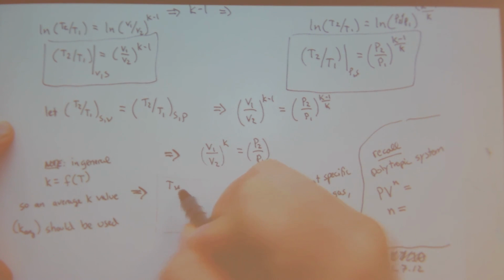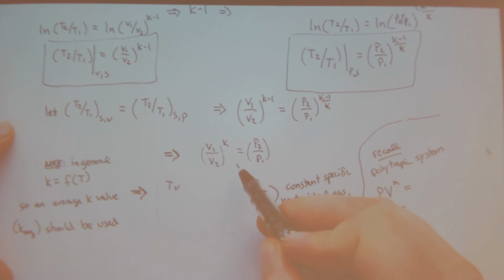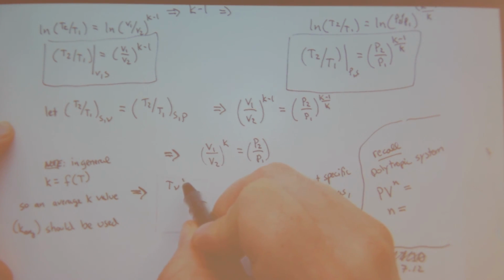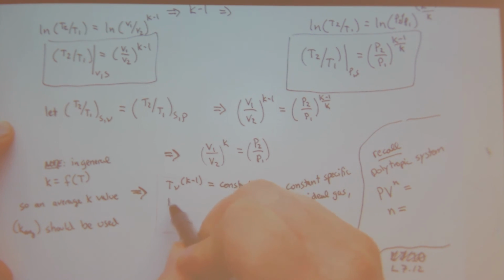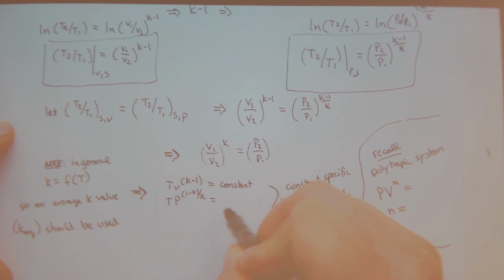Okay? So I can use an average value of K, and I can get various relationships using the ideal gas law, right? So I have this, I can use the ideal gas law, and so I have K minus 1 equals a constant, Tp to the 1 minus K over K equals a constant, or I can do the standard Pv to the K equals a constant.